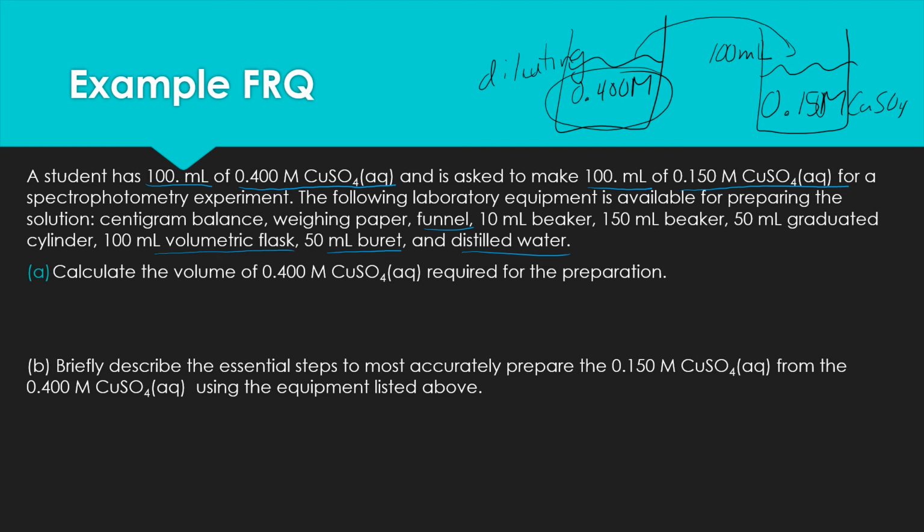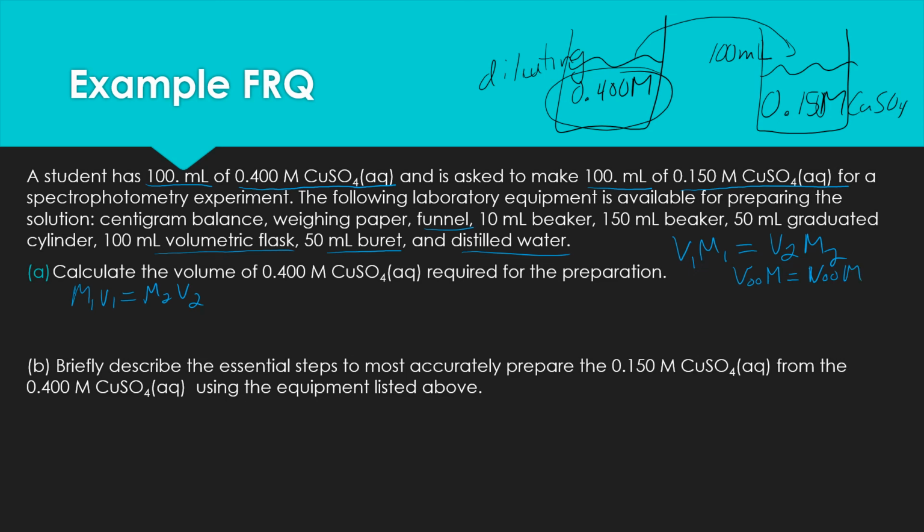So we need our handy dandy equation: M1V1 equals M2V2. I've also seen a teacher, if this helps you, write it as V1M1 and V2M2, so it looks like voom voom, and she just reminds her students to go voom voom to the molarity.